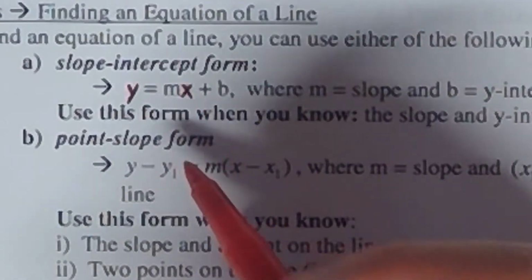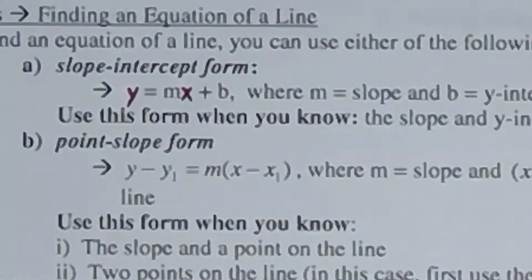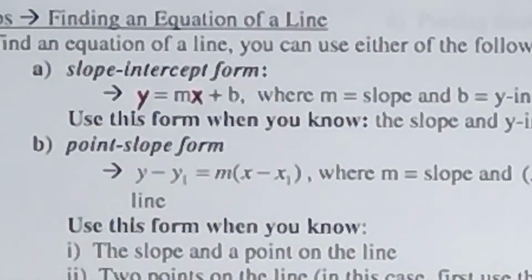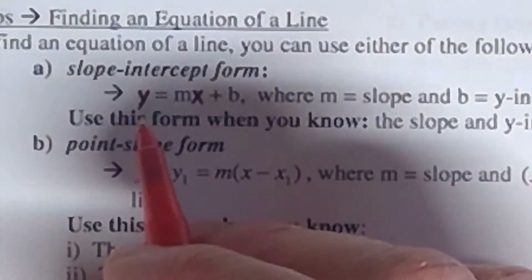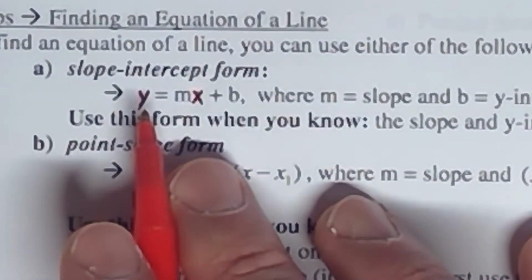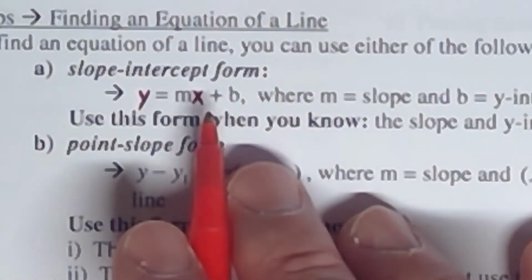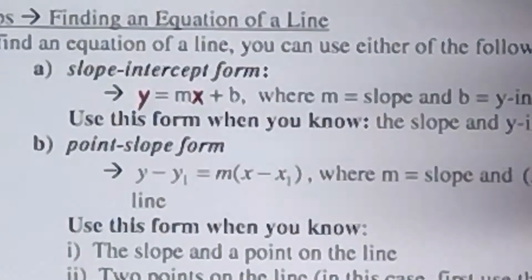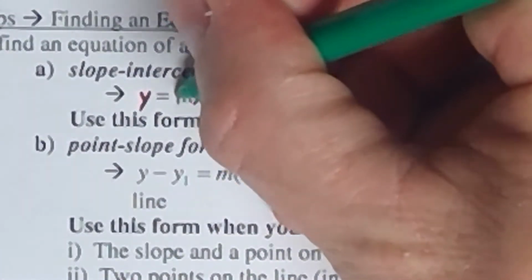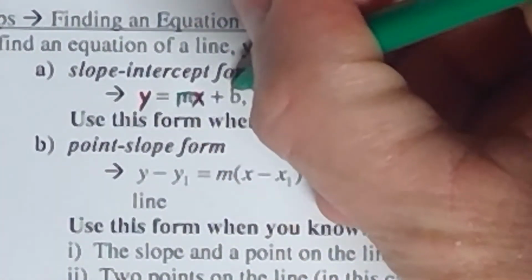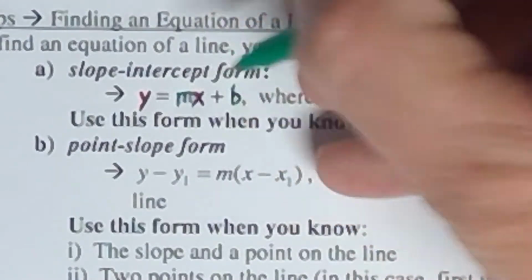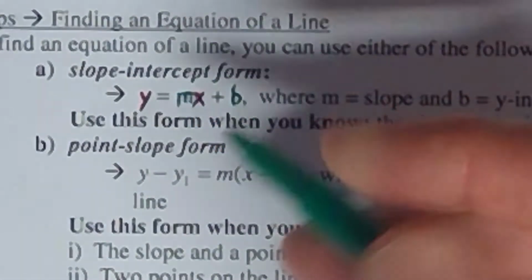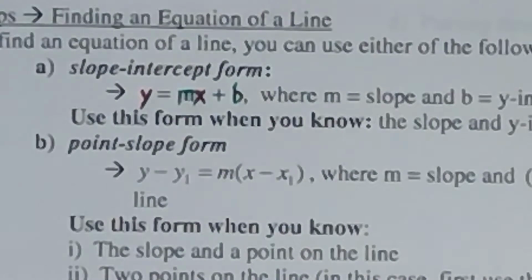Now, again, if it's horizontal or vertical, it'll just be one variable. But otherwise, it should have these two variables in the answer. There shouldn't be any other letters in your answer, and so that means that the M and the B, we actually have to figure out what those are equal to, and have numbers in the place of the M and the B right there.